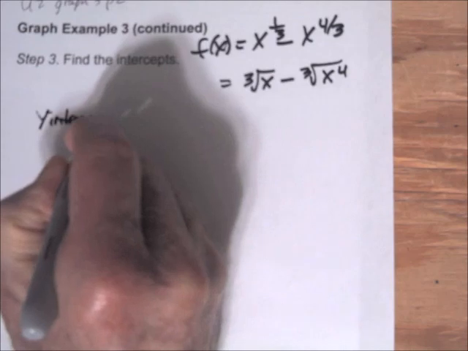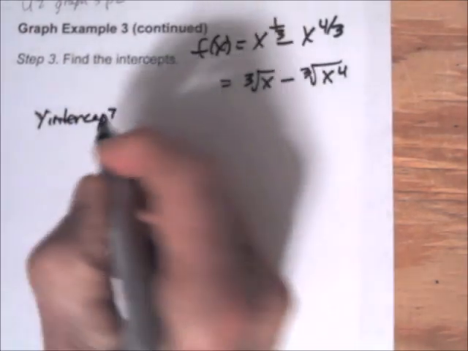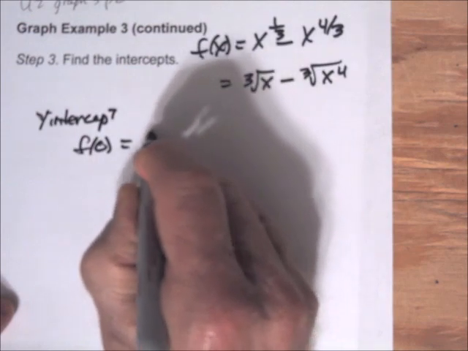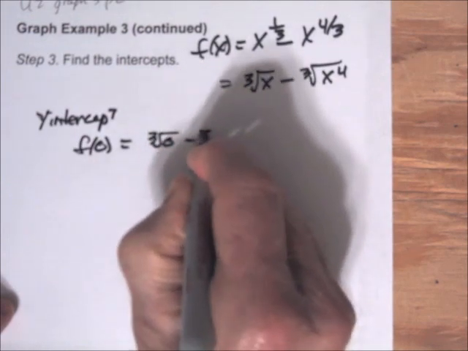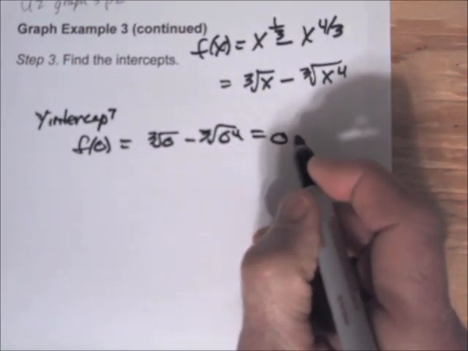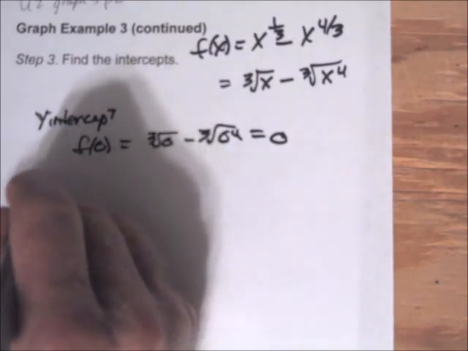The y-intercept f of 0 is going to be just cube root of 0 minus cube root of 0 to the 4th power, which is 0.